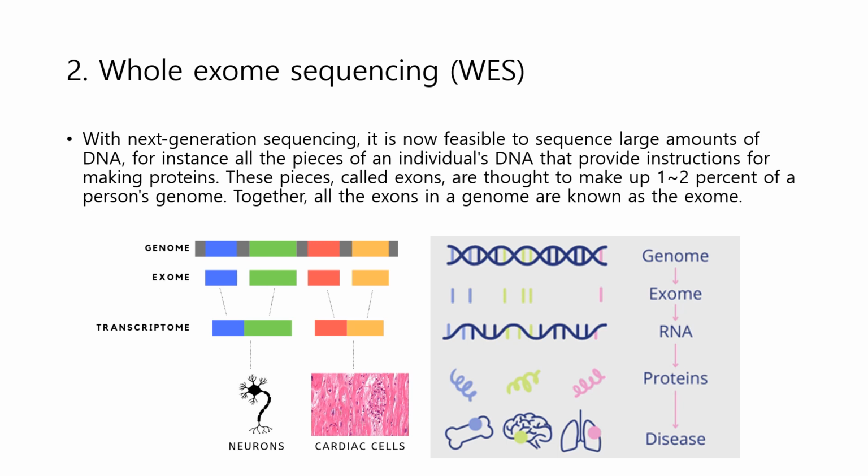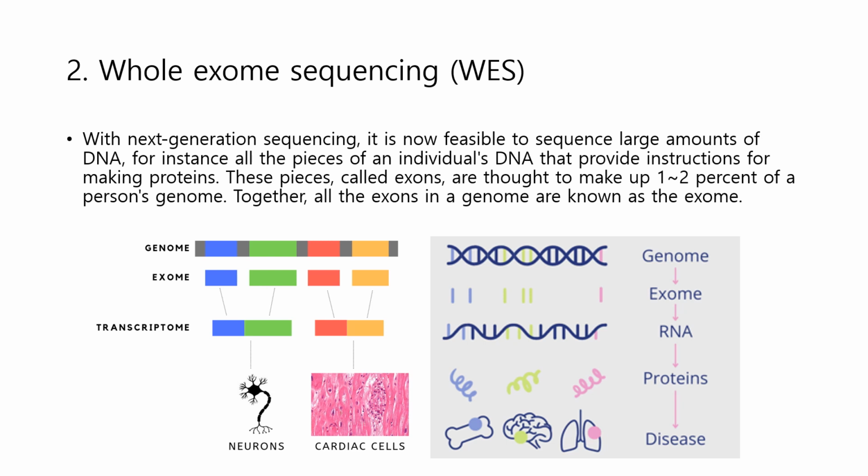The second part of DNA sequencing is whole exome sequencing. Exome is the genome that takes all the exons together. It consists of 1 or 2% of the whole genome.